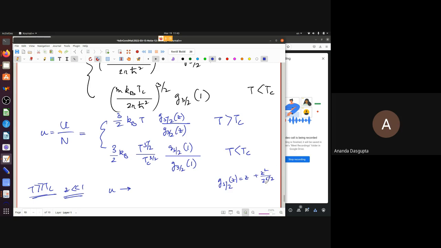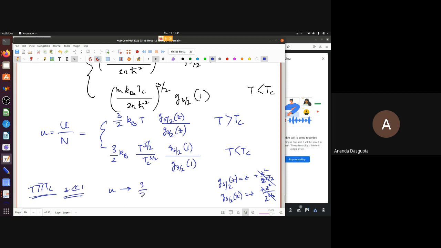So for very small Z, you can ignore this. g_{3/2}(Z) is Z plus Z squared by 2 to the power 3/2 and so on. Once again, these terms can be ignored when Z is very small. So this ratio goes to 1.